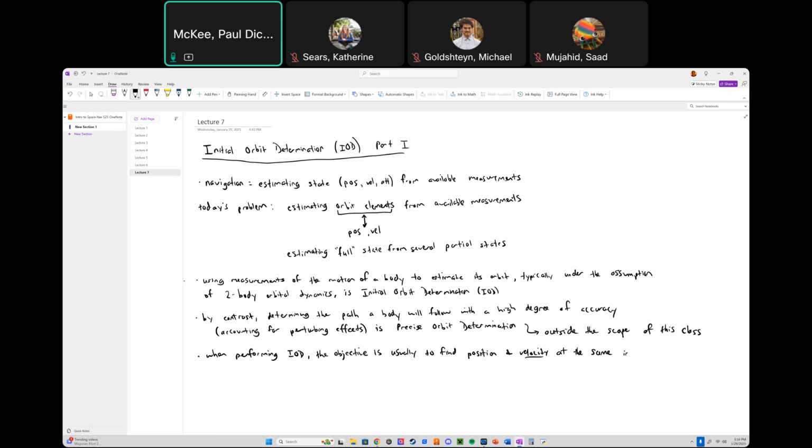We'll say the same instant in time. I don't mean that you need to solve the equations at the same time. I mean like at some instant t that we're finding the position and the velocity of the spacecraft. Because at that point, this is equivalent to knowing the 6 orbit elements, right?